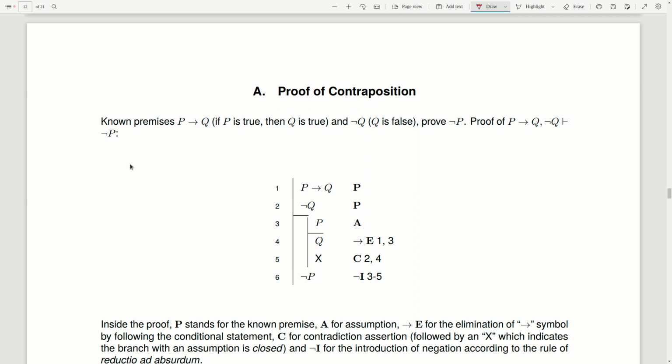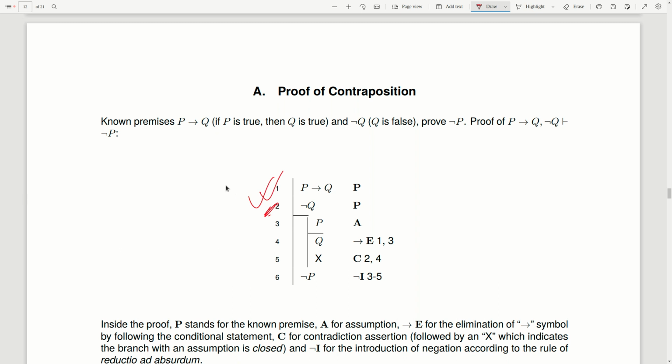It is a logical argument that establishes the validity of a statement by showing the equivalence between the original statement and its contrapositive form. You need not go with this complexity.